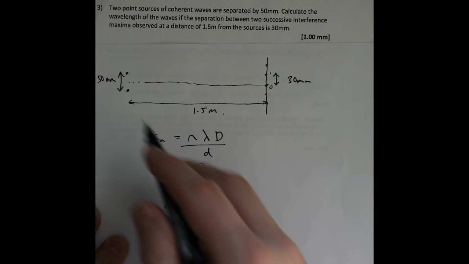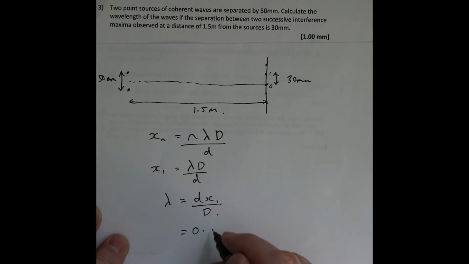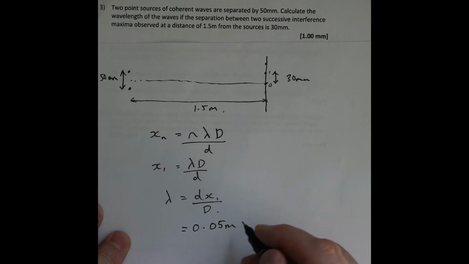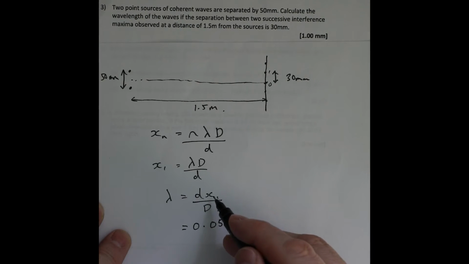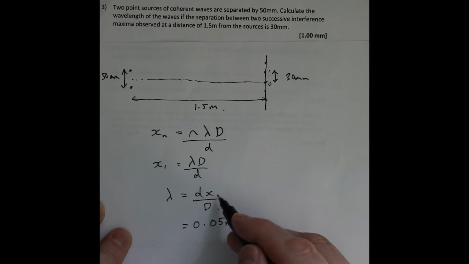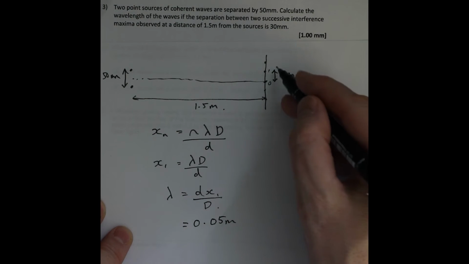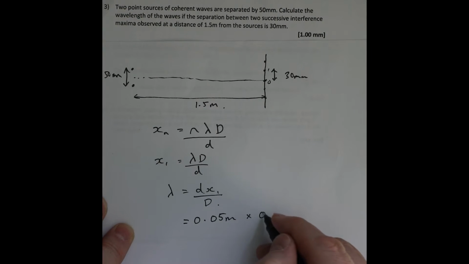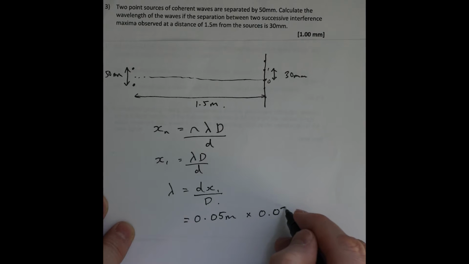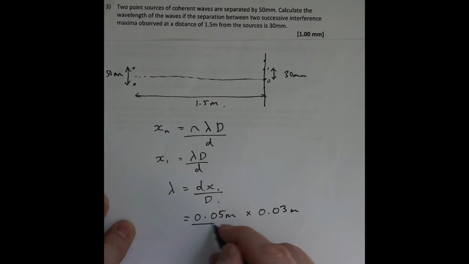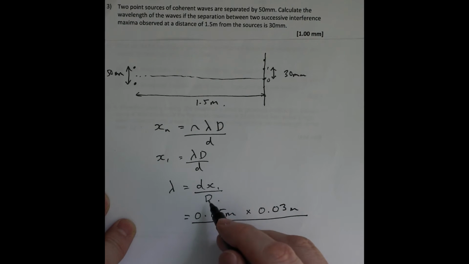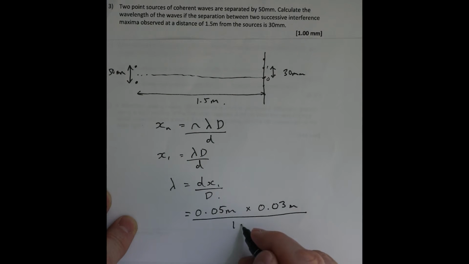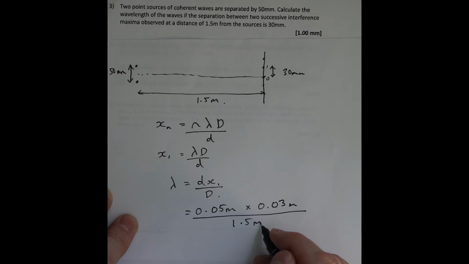The small d here is 50 millimeters, I'm going to convert that to meters, so it's 0.05 meters, times this distance here, x_1, which is 30 millimeters, so times 0.03 meters, divided by this distance here, D, which is the distance from the sources to the screen, so it's 1.5 meters.